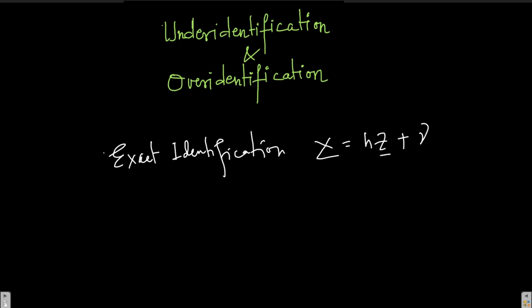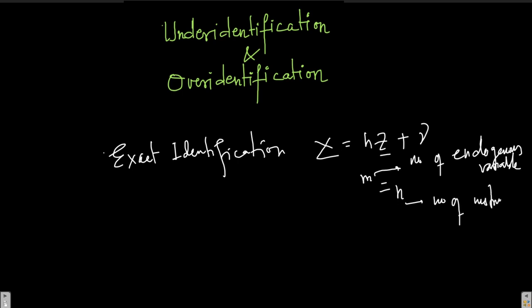Let's say the number of endogenous variables is m, and the number of instruments is n. Then in case of exact identification, m is equal to n, where n is the number of instruments. In this equation, I have one endogenous variable, x, and one instrumental variable, z, so the number of endogenous variables is equal to the number of instruments. So this is a case of exact identification.